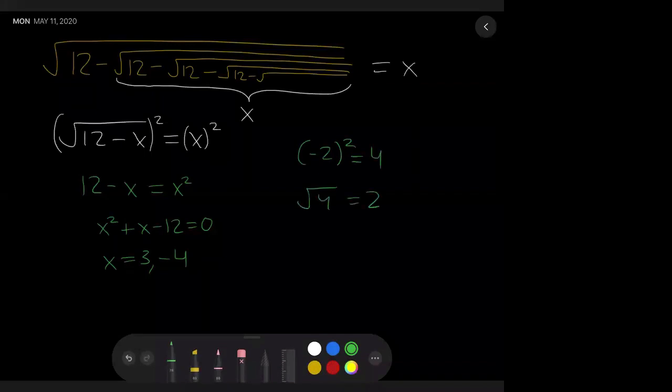The square root is a function, and the function only has one answer. So if we square root this entire thing, this seems like a positive number, right? That square root should result in a positive value for x. Therefore, negative 4 is an extraneous solution. So this is wrong. So the answer is x equals 3.